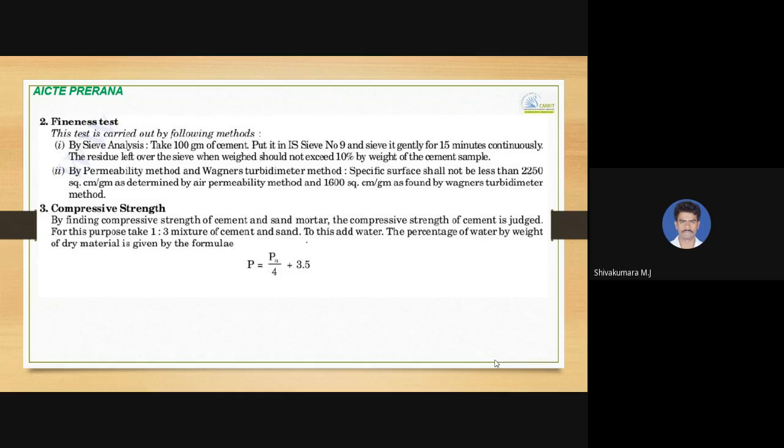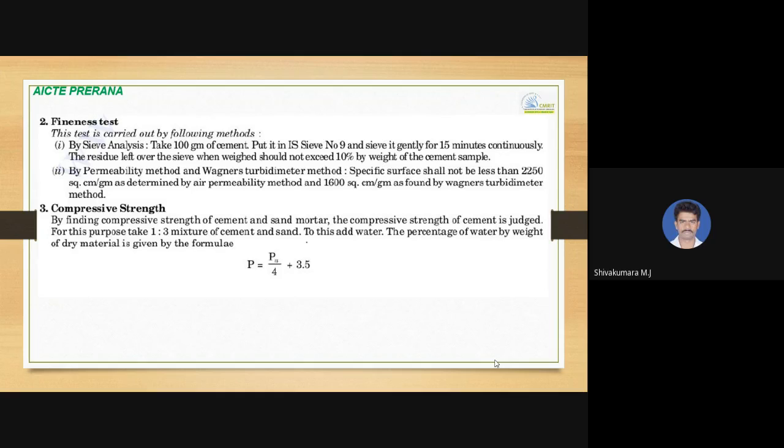And the next desirable property is the compressive strength of cement. It is one of the important properties the cement should possess. To assess the compressive strength of cement, cement alone cannot be made into a specimen by mixing with water because of shrinkage issues. So as per the standards, you have to get the mixture of cement and sand in a proportion of 1:3.